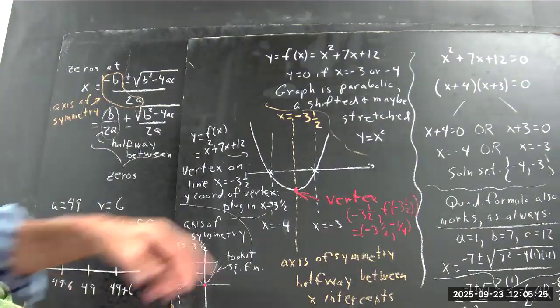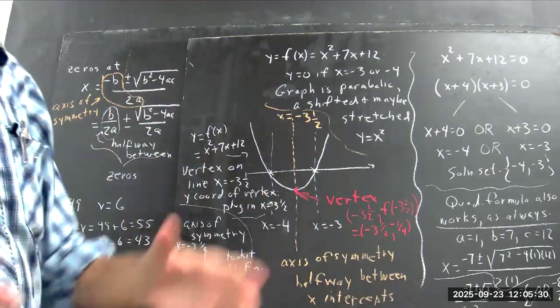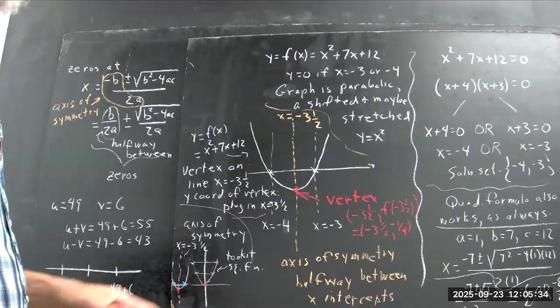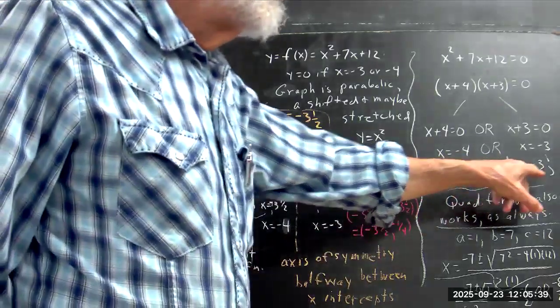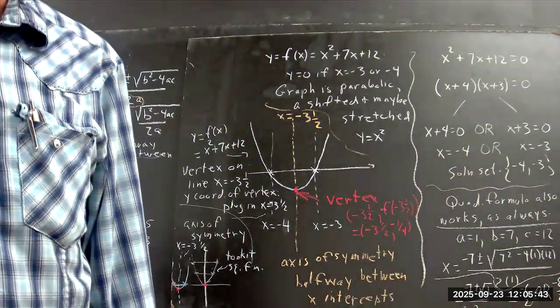It gives you the zeros, which are at -4 and -3. You could have gotten that by factoring as well. You know the axis of symmetry is halfway between the zeros. If you got the zeros by factoring, your axis of symmetry will be halfway between the -4 and the -3, right?